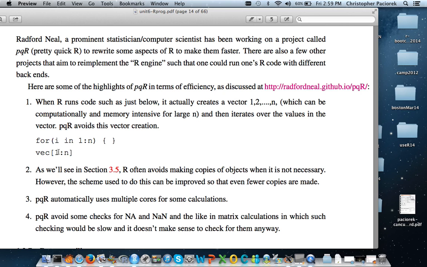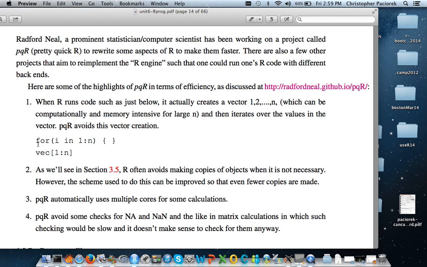And another example of what he's done that tries to avoid inefficiency is when R does this or this, something actually fairly stupid happens, which is, what does this mean? It means iterate over the numbers from 1 up to n. But R literally, when it sees this, expands this out and creates a vector, 1, 2, 3, 4, 5, up through n. And then it iterates through that vector.